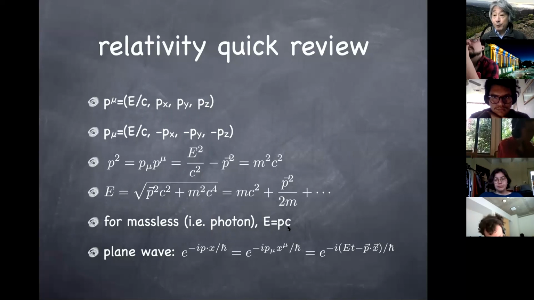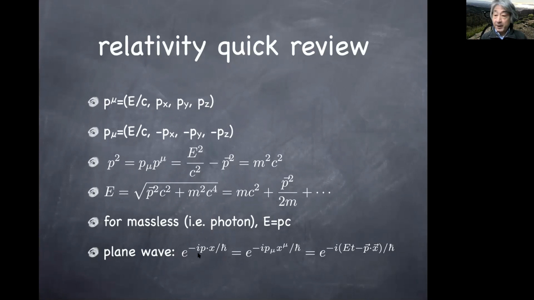That's something we have been using all along in dealing with the quantized Maxwell field. We also can immediately see that this plane wave factor has the meaning of a Lorentz invariant expression, because of the p dot x in the exponent, where p is a 4-vector, and x is also a 4-vector (ct, x, y, z).